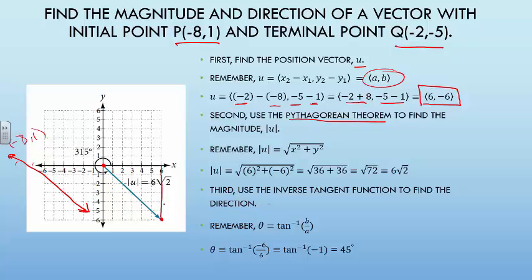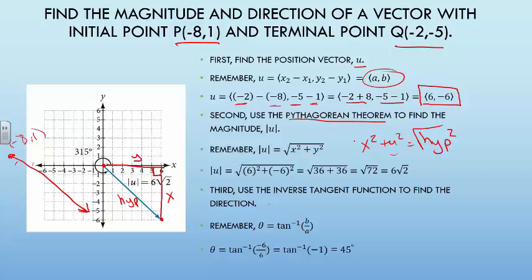So I'm going to make my right triangle. Here's that right angle. Here's u is the hypotenuse, and here's x and y. So if the formula is side x squared plus side y squared equals hypotenuse squared, that gives me x squared plus y squared equals my hypotenuse squared.